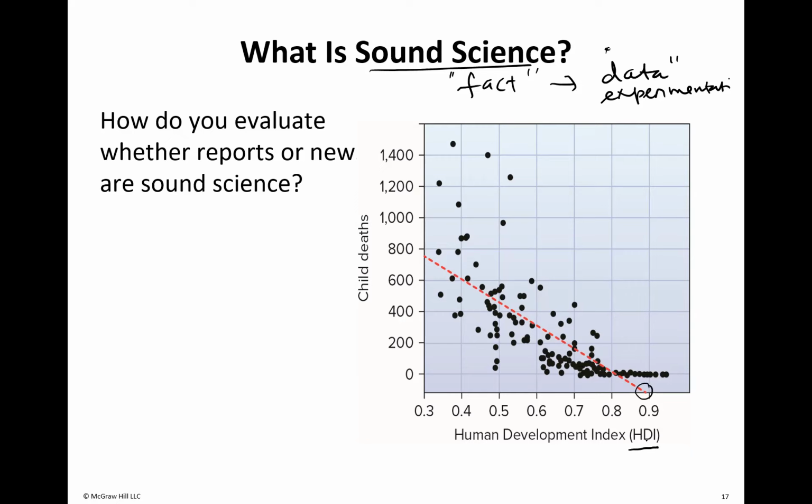Usually developed countries have a high human development index, whereas countries that have a lower HDI, usually least developed countries, have higher mortality of children. So it is going down. This data shows us the negative correlation, or regression, between the SDI index and the child death rate in that country.